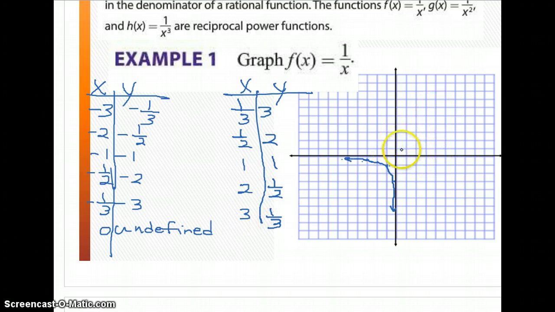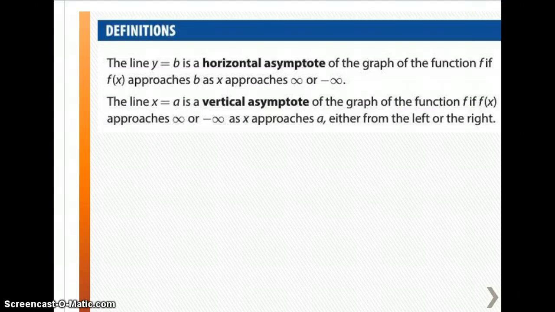So let's graph those. I have the points (1/3, 3), (1/2, 2), (1, 1), (2, 1/2), (3, 1/3).